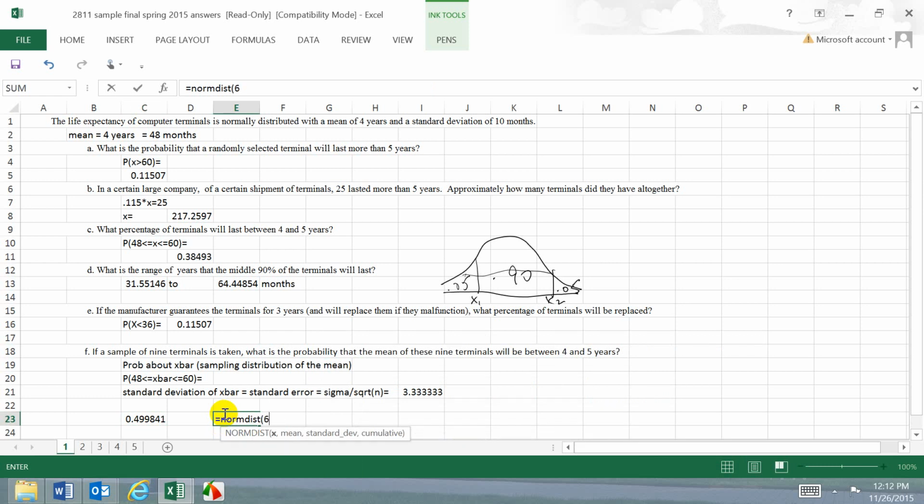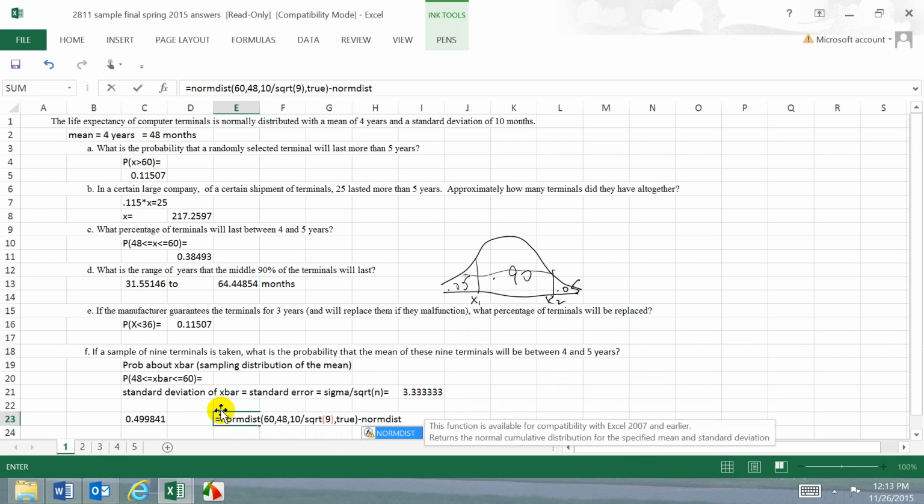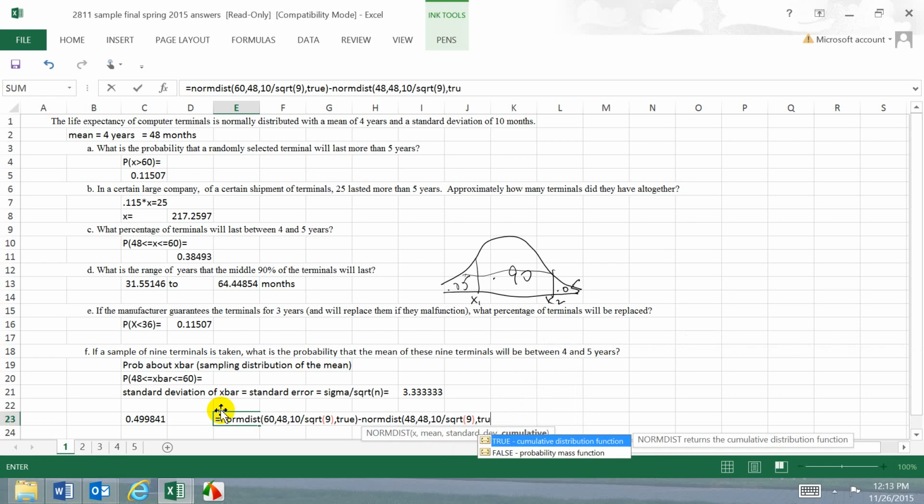Norm dist 60, 48, and now instead of putting in 10, we're putting in the standard error, but we could calculate the standard error right in this norm dist function, so I'm going to say 10 over the square root of 9, true, minus norm dist 48, 10 over the square root of 9, true.